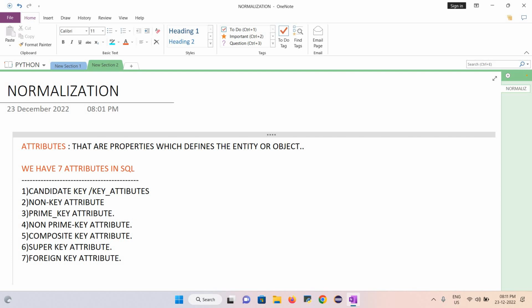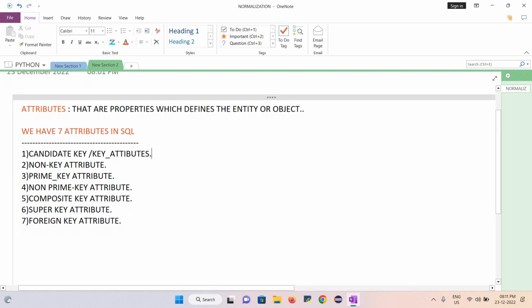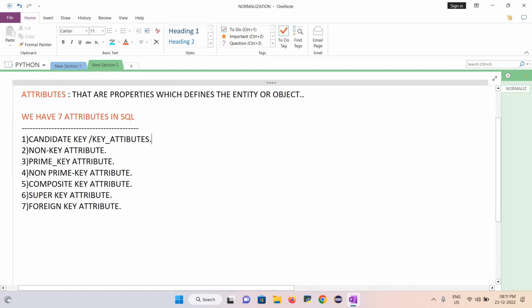So why do we go with the attributes? Because if any customer or client gives us the details or requirements, we have to identify what the different keys are in our details. Based on the keys, we can identify unique data or non-unique data, and make sure of everything.